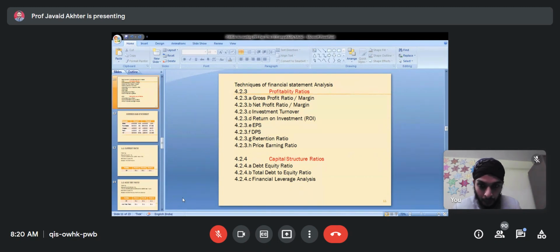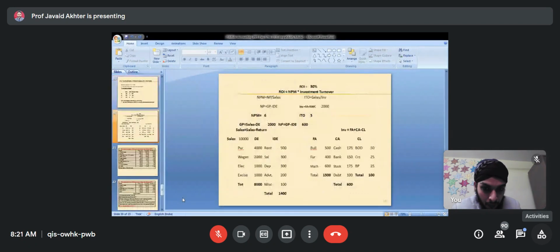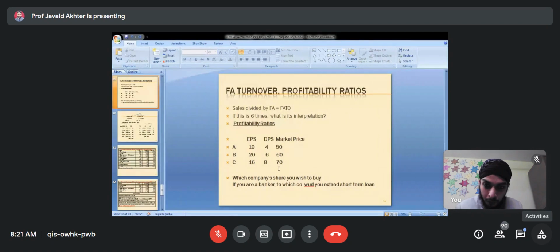These are also known in the books as PE multiple, either price earning ratio or PE multiple. It is equal to market price per share divided by earning per share. You note down: market price per share divided by earning per share.